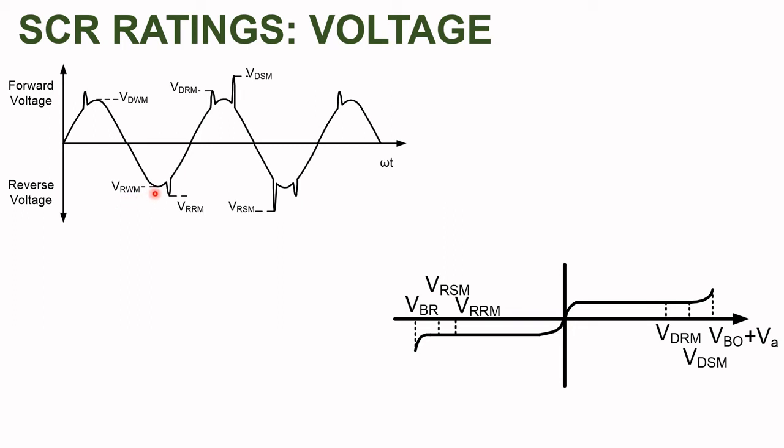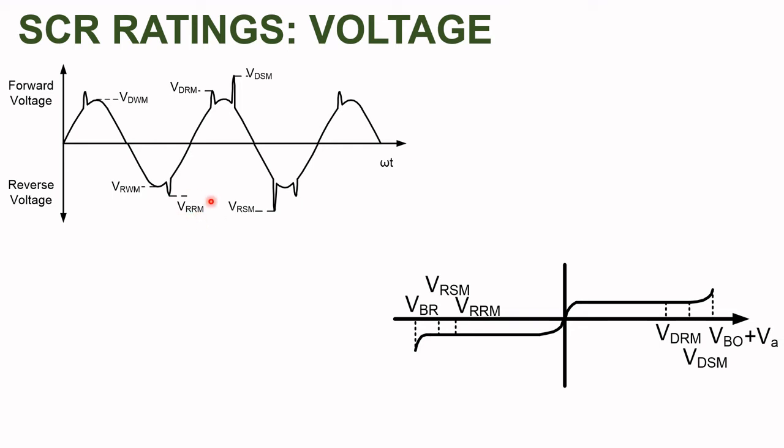So this is given by VRWM. Higher than VRWM, we have got VRRM, that is the transient voltage which is repeating itself in the negative direction. Peak value of transient voltage which is repeating itself.